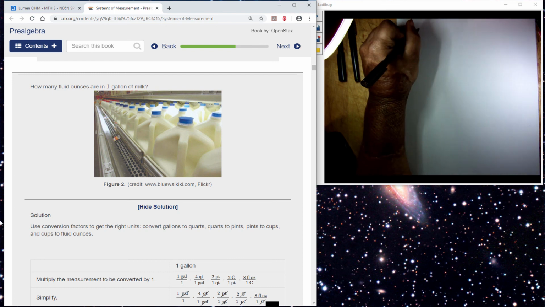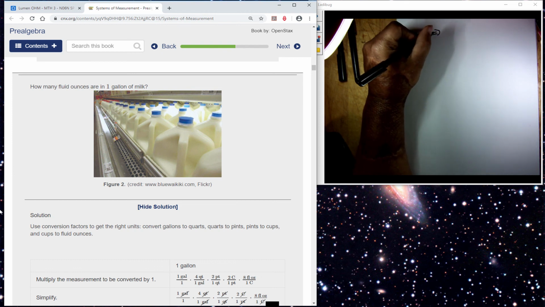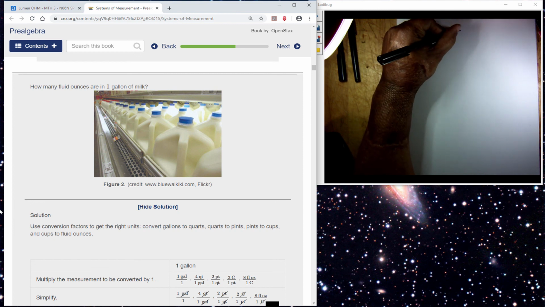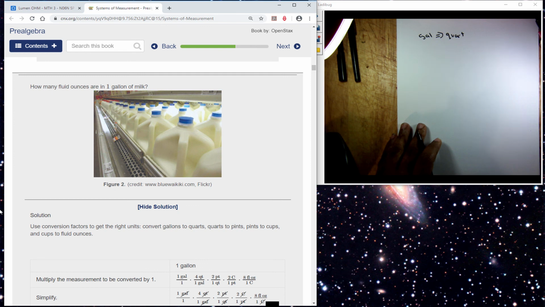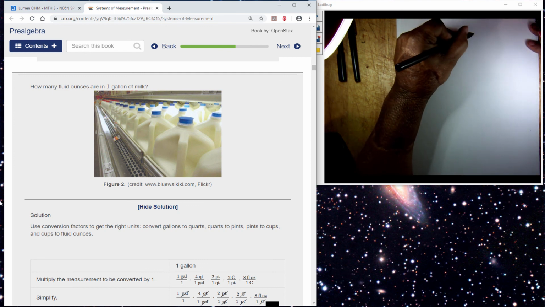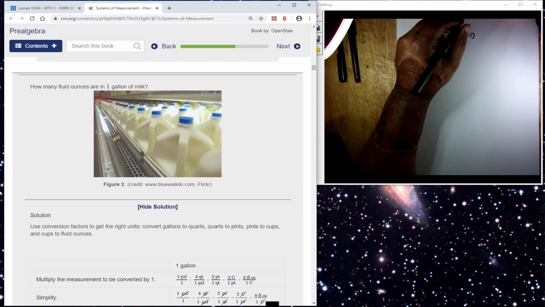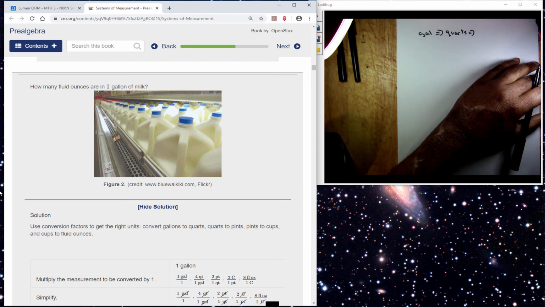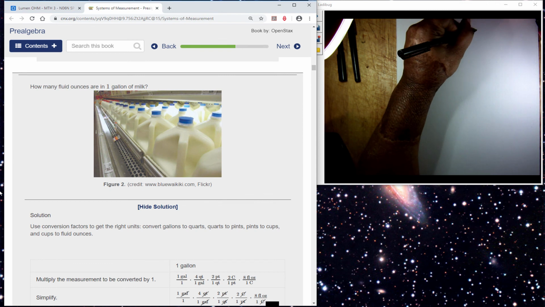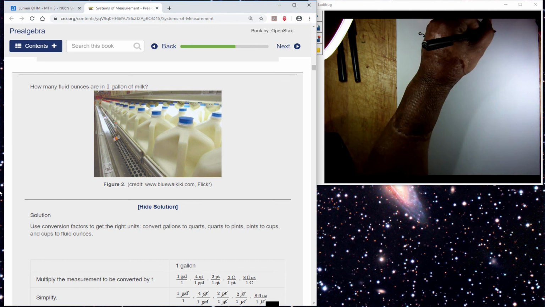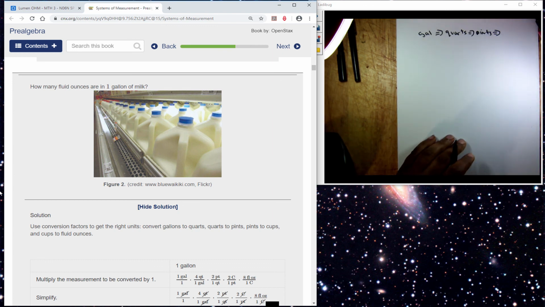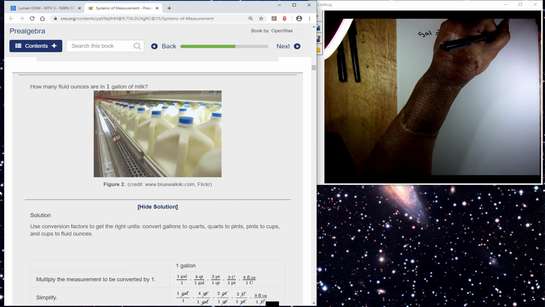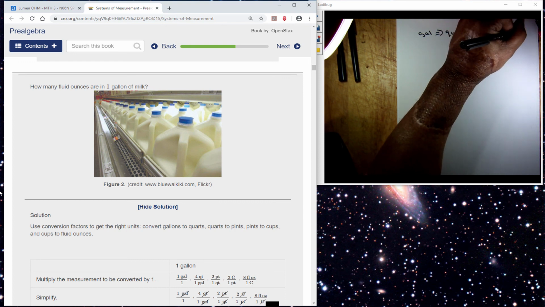We have to go from gallons to quarts, and then go from quarts to pints, and then from pints to cups, and then from cups to ounces.